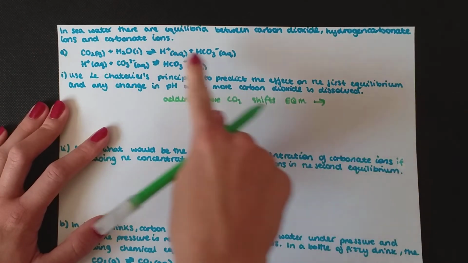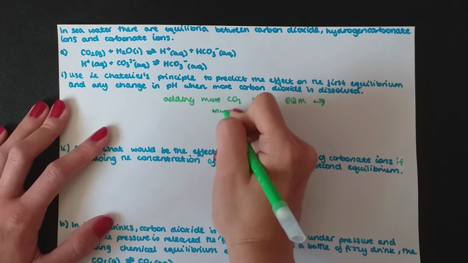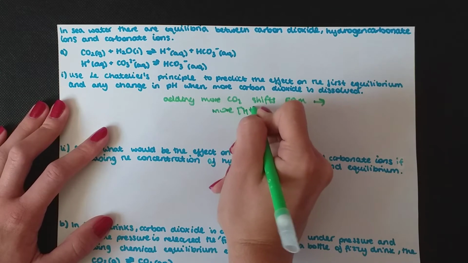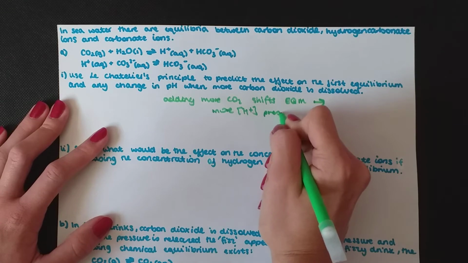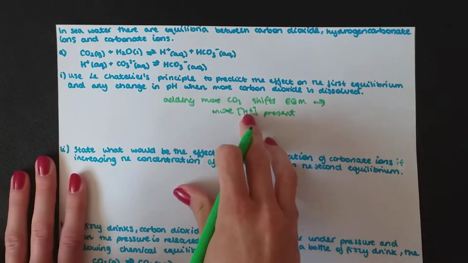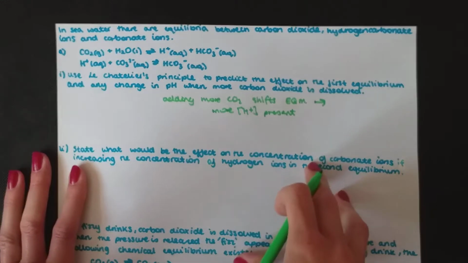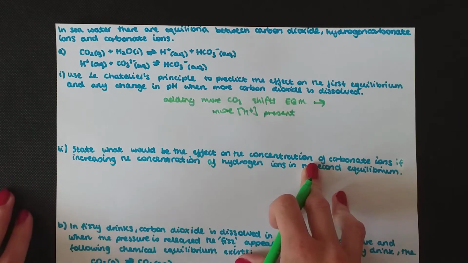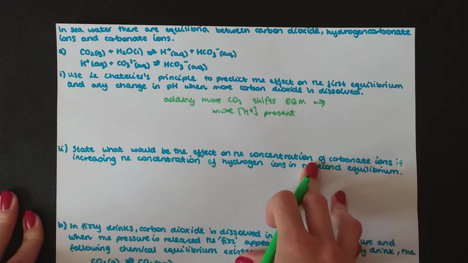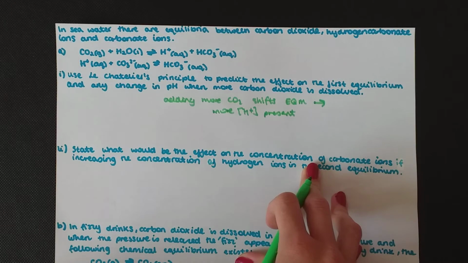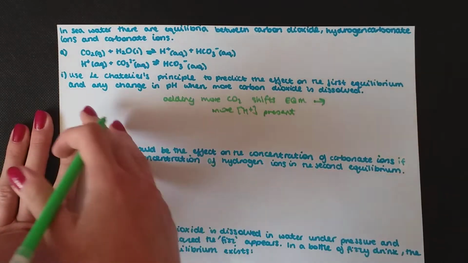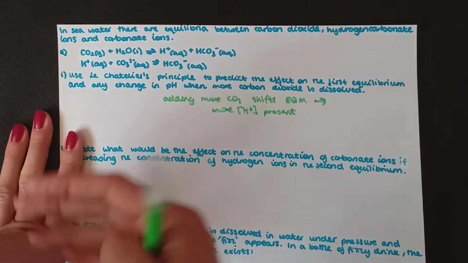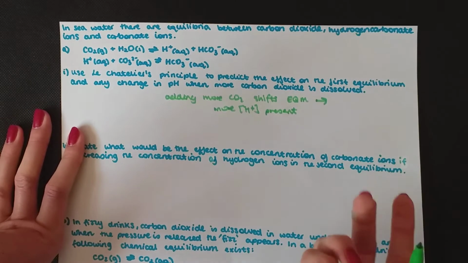Because it shifts to the right hand side, that means we have more H+ present. When you have more H+, that means the solution is more acidic, because H+ shows us how acidic a solution is. The more H+ an acid can donate, the stronger the acid.